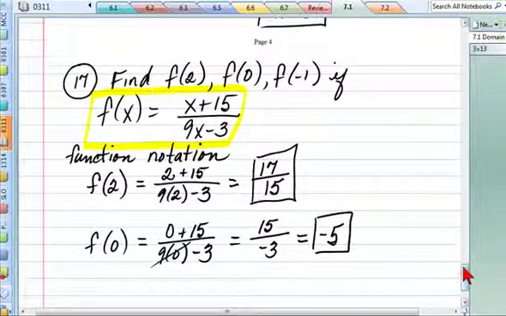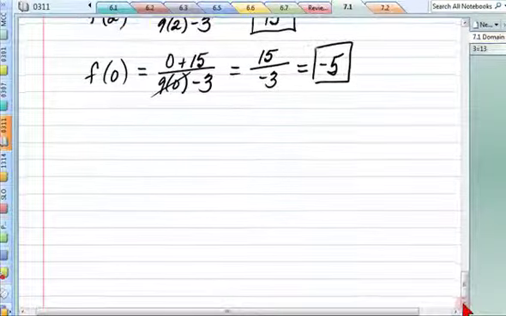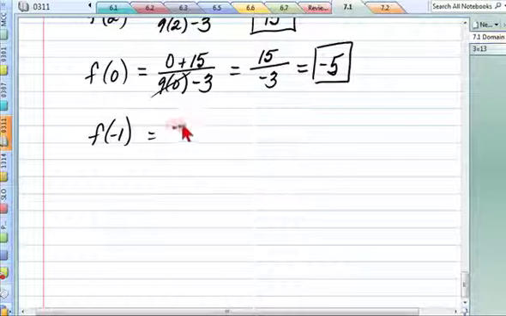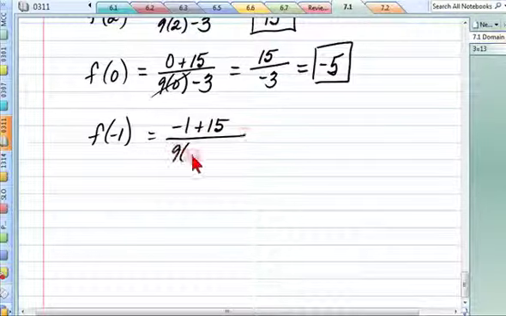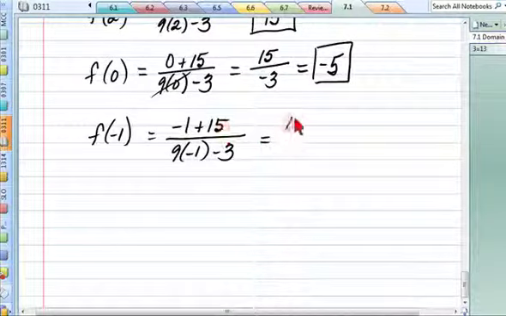The last part of the question says to find f of negative 1. So f of negative 1 will be negative 1 plus 15 over 9 times negative 1 minus 3. Negative 1 plus 15 is 14.